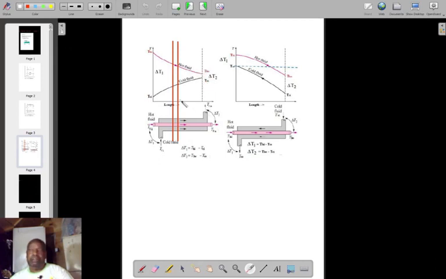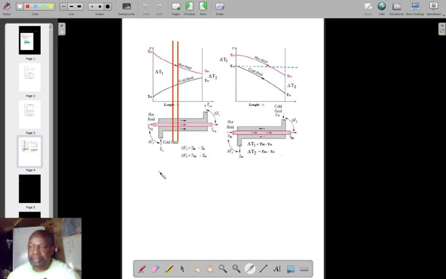For the sake of analysis, we'll take an infinitely small section of that exchanger such that its heat transfer area is dA.